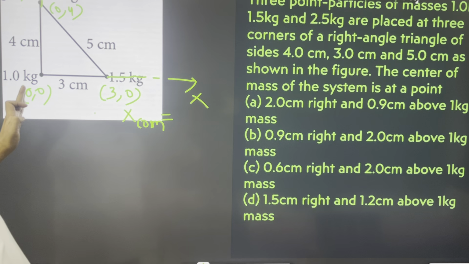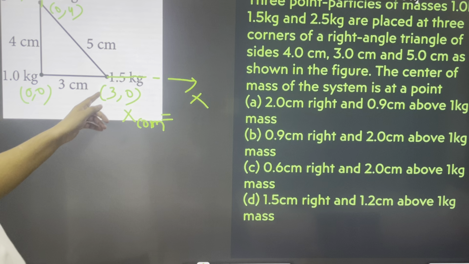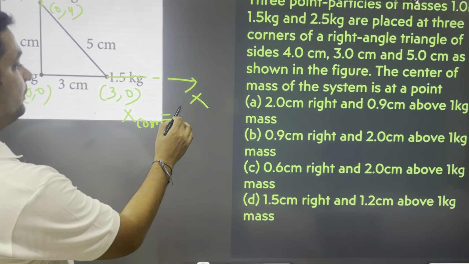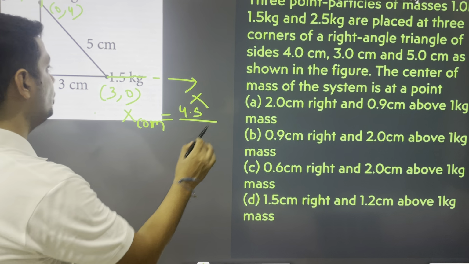Simply, 1 into 0 will be 0, and 2.5 into 0 will be 0. Only 1.5 into 3 remains, which is 4.5, divided by the total mass.